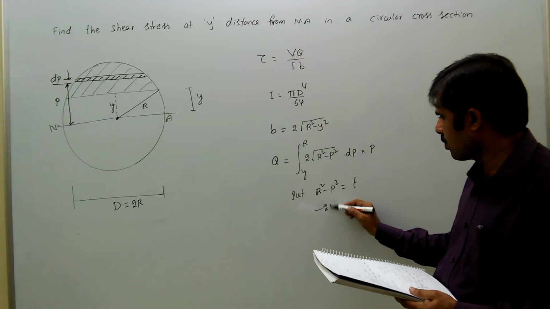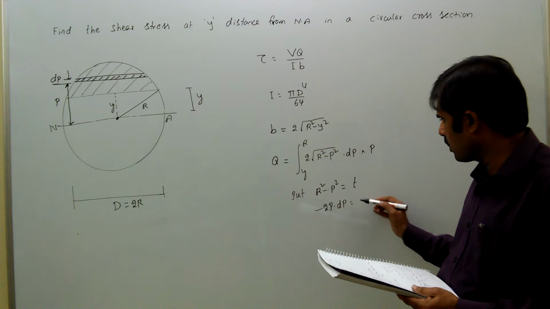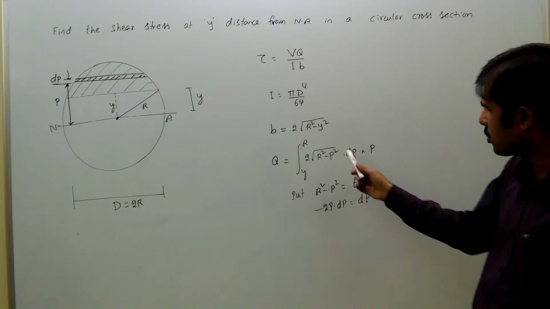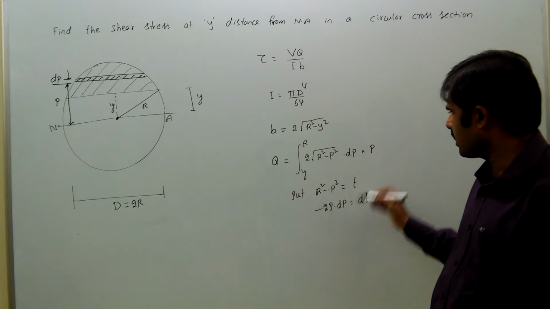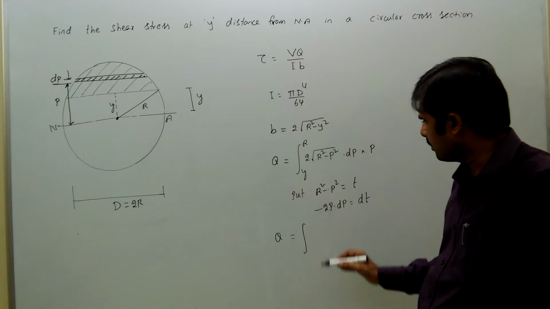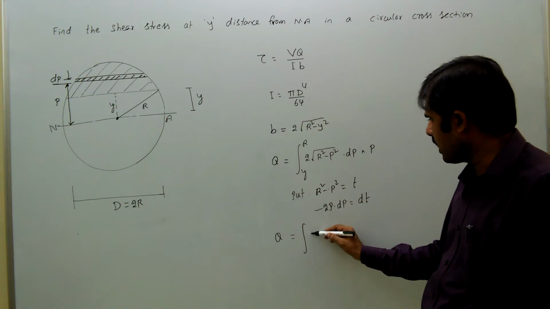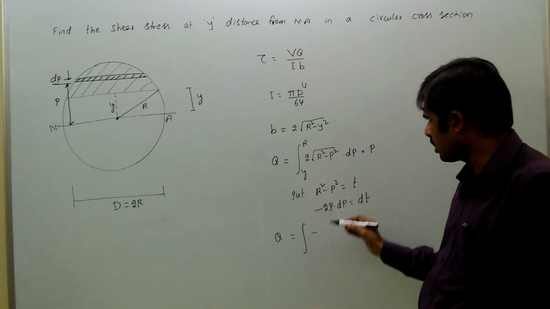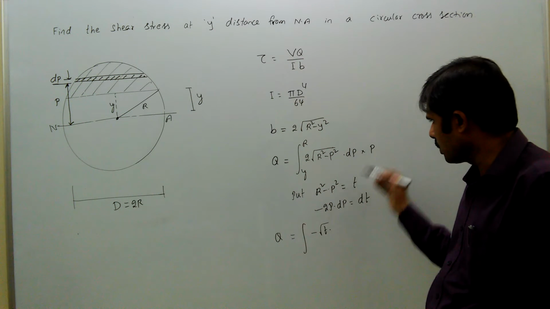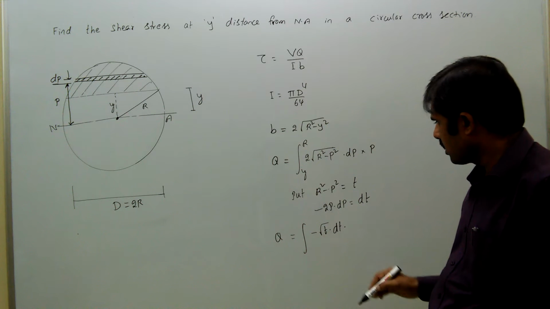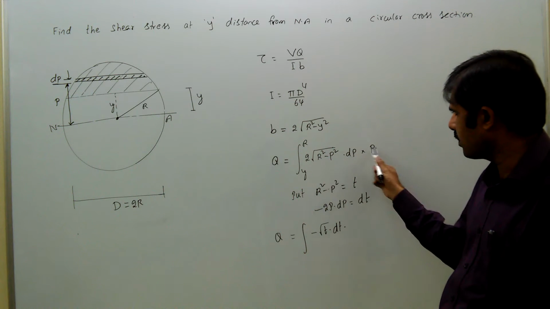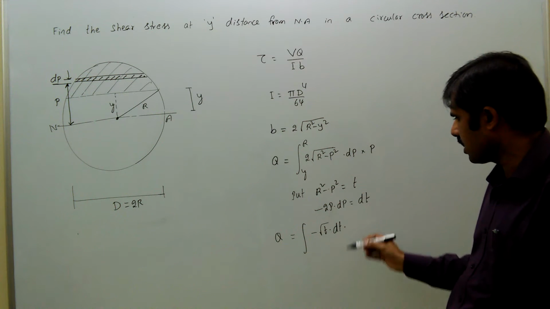That means minus 2p dp equal to dt. So here 2p dp is there. Therefore Q equals the integral of 2p dp, that is minus root of r square minus p square, meaning root t, into dt into p. Now here 2p dp is dt. So this is the integration.